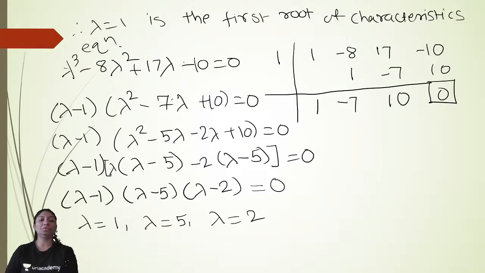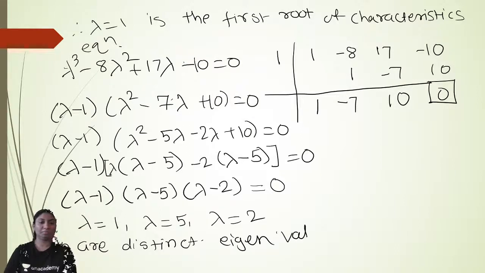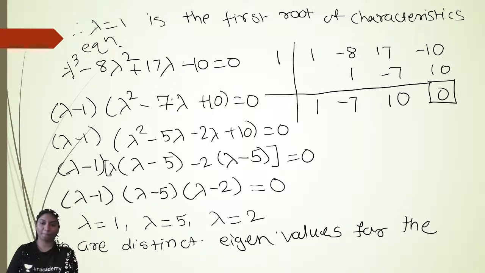Okay. The roots are distinct. All the roots are distinct, not repeated. Okay, so these are the eigenvalues for the characteristic equation.